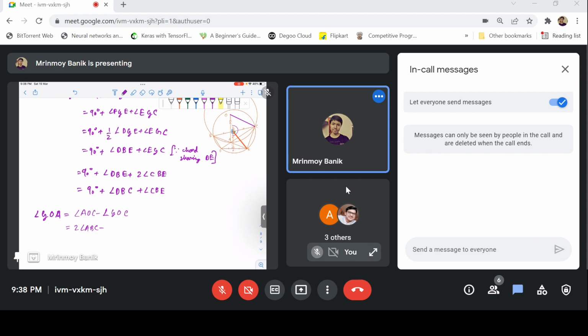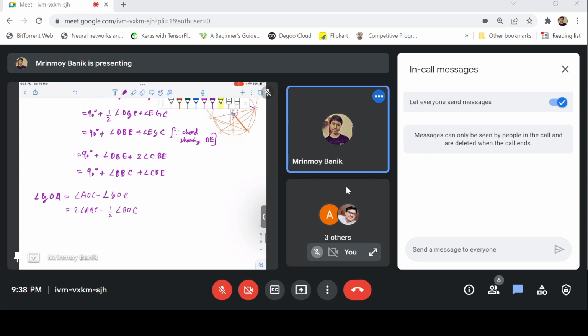Oh, again triangles BOG and GOC are congruent, so OG is the angle bisector of BOC. So it's half times angle BOC. Right.